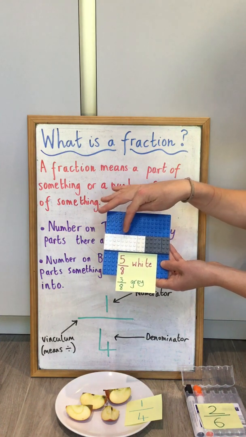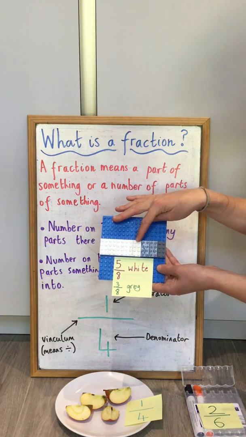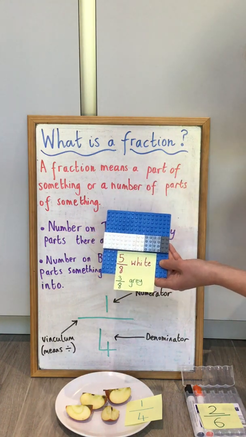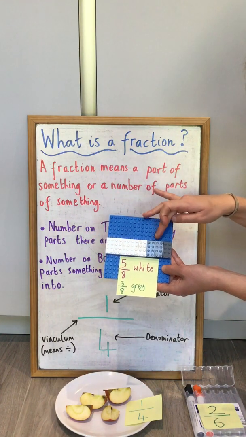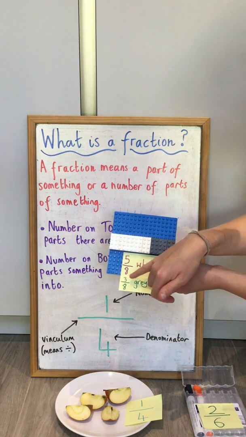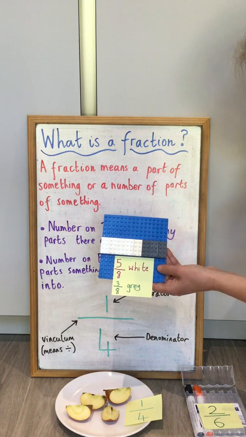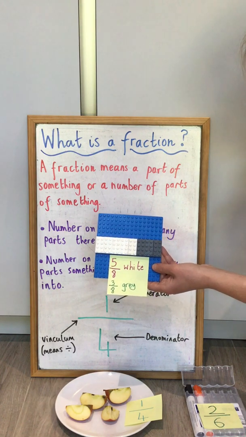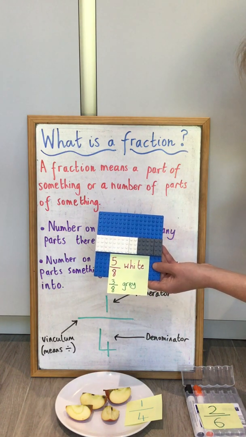Now 1, 2, 3, 4, 5 of these 8 pieces are white, so 5/8 are white. And 1, 2, 3, so 3/8 of this Lego block are grey. That's another form of visual representation of a fraction that you can do.